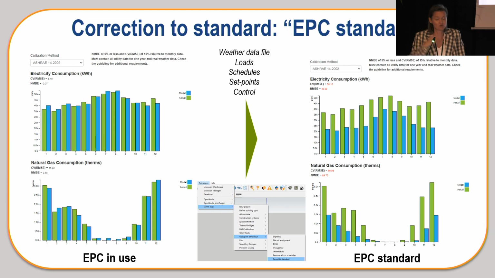So, it's what you mentioned about the procedure to develop this correction to standard conditions to use this model for EPC or regulatory purposes. This is a suggestion to do that.